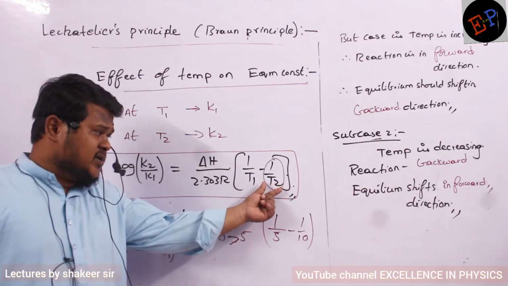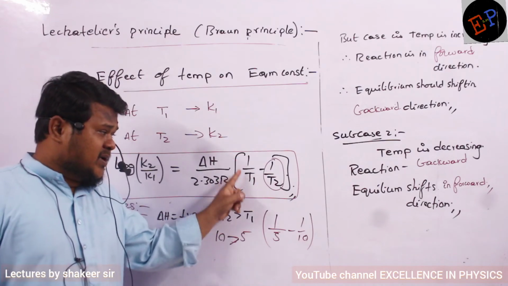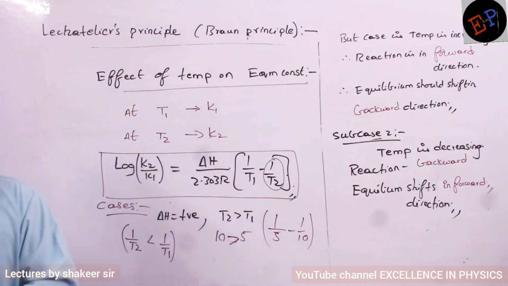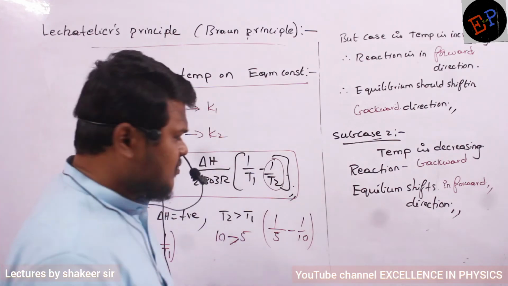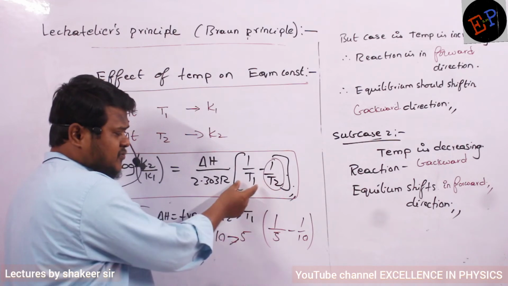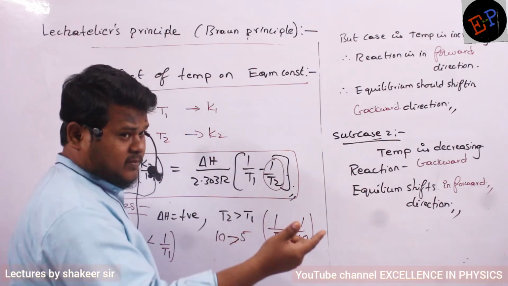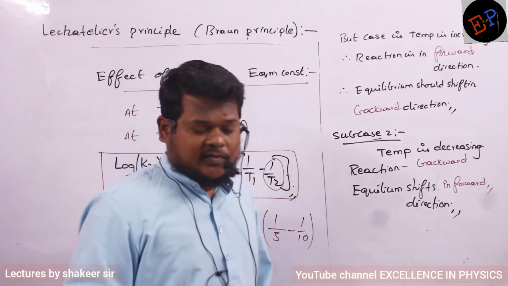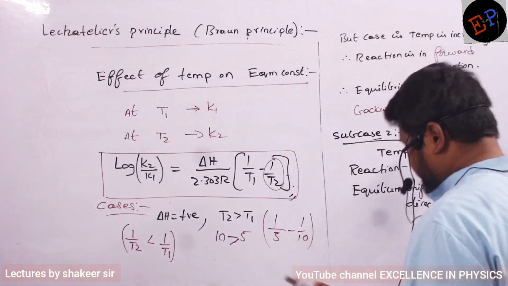So, if 1 by T2 is less than 1 by T1, will 1 by T1 minus 1 by T2 be a positive value or negative value? Definitely positive value, no? 1 by T1 is bigger when compared to 1 by T2. Like 5 minus 4 gives plus 1, so I will get a positive value.